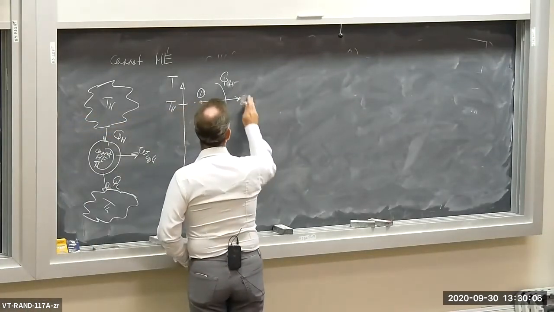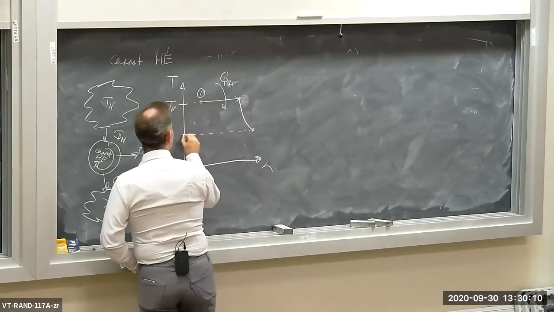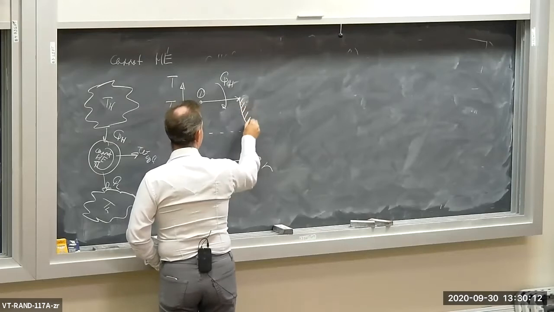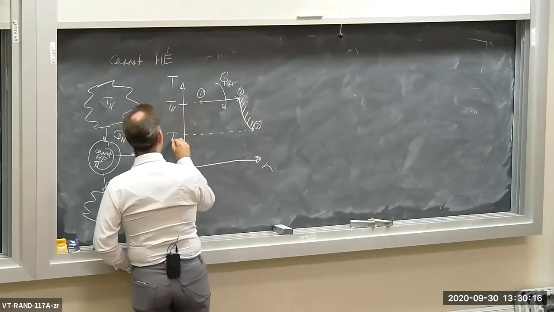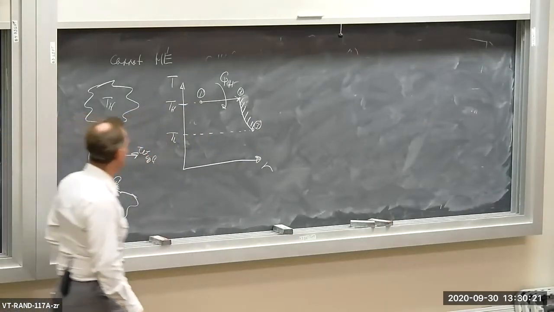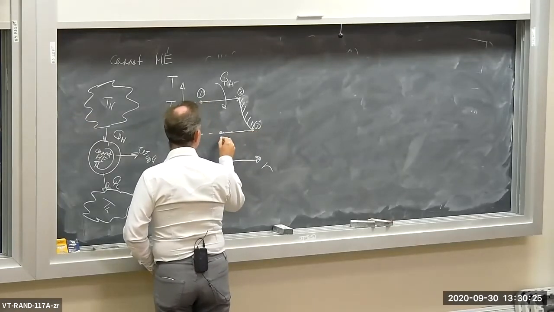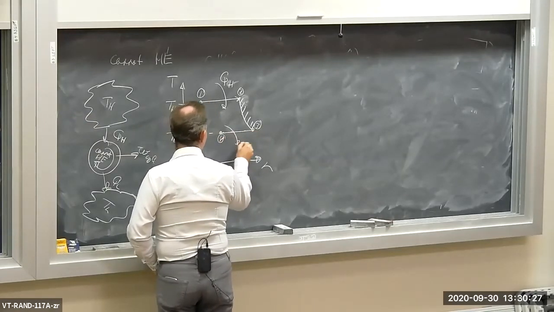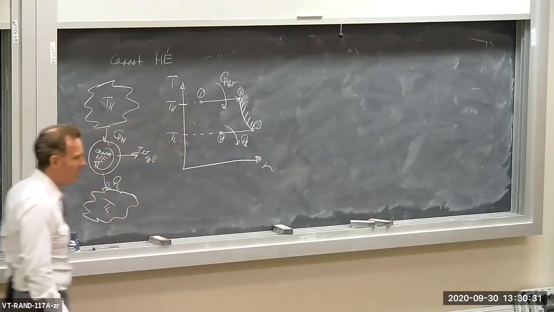And then we have an adiabatic expansion from state 2 to state 3 down to the low temperature reservoir temperature, TL. And then we have isothermal compression, where we reject heat to the low temperature reservoir, QL.